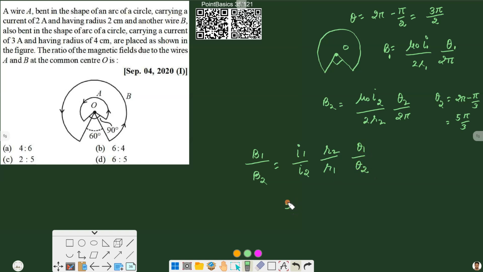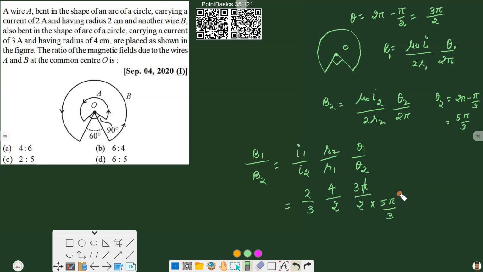So putting these values, I1 is 2 ampere and I2 is 3 ampere, so 2 by 3. Radius 2 centimeter, 4 centimeter, and we are not changing units here because both centimeters will get cancelled. And theta 1 is 3 pi by 2, and theta 2 is 5 pi by 3.